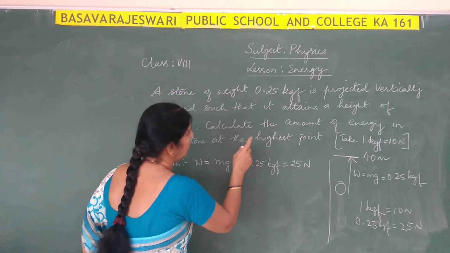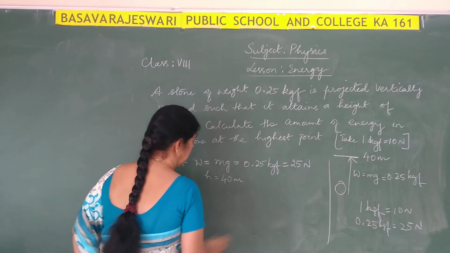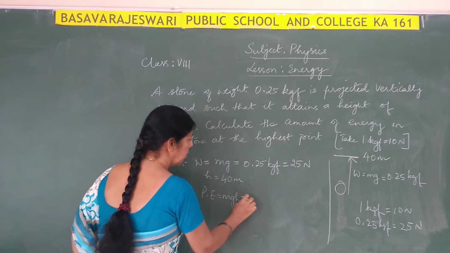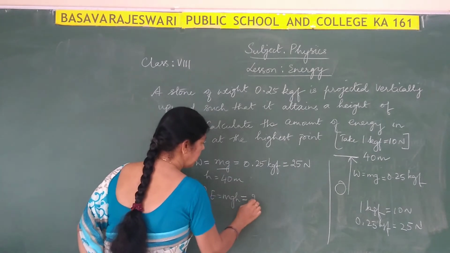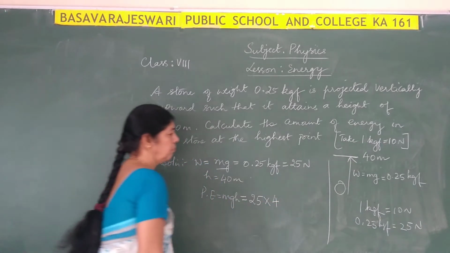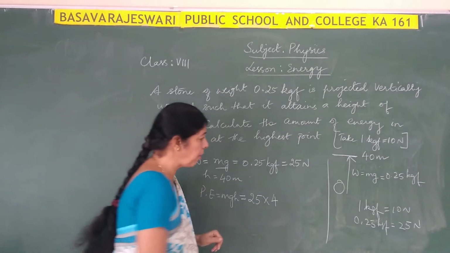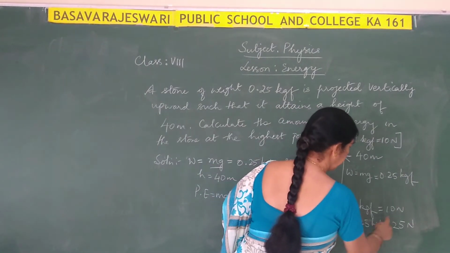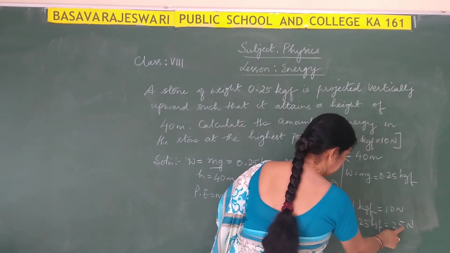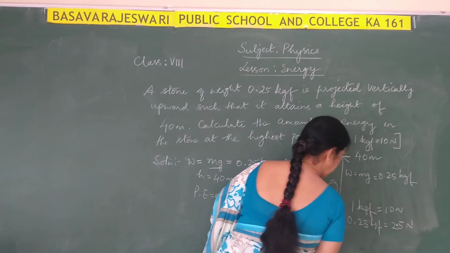Then what he has given, height is equal to 40 meter. Sorry, 0.25 into 10 will be 2.5 Newton, not 25 Newton.